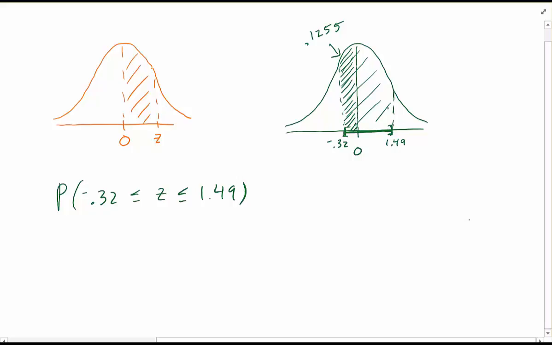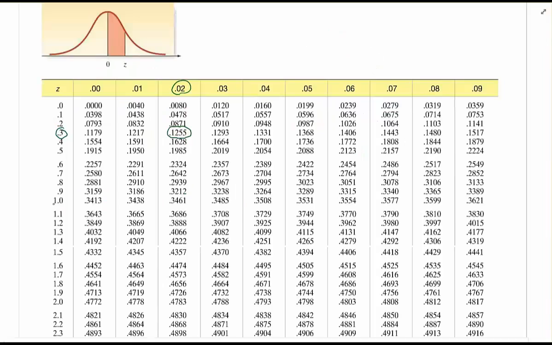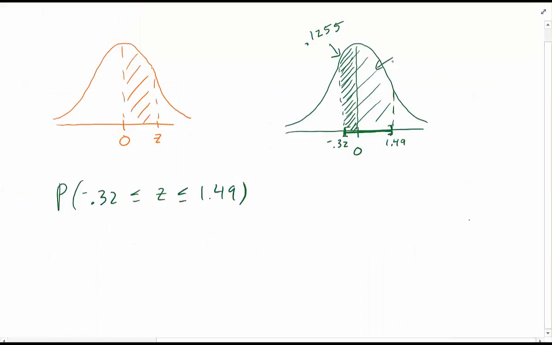Next, I'll look up the 1.49, and that table value will give me exactly the other part of this. Because again, the table measures out from 0 to the positive z value. So I want to go to 1.49, which is 1.4 plus 0.09. So looking across there, all the way to the end, I get 0.4319. So 0.4319 will be this other part here.